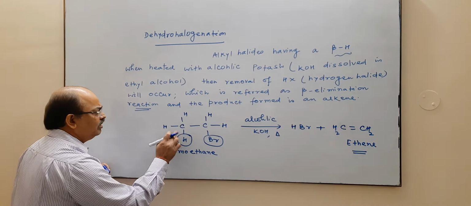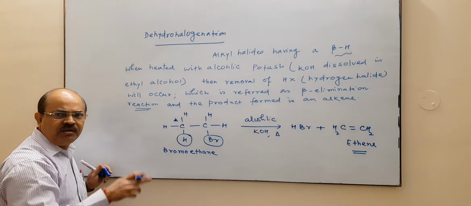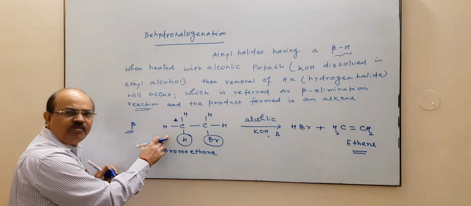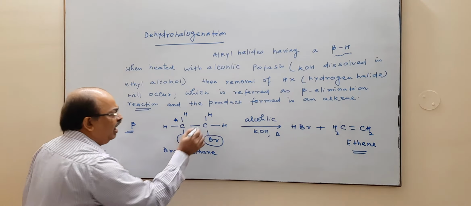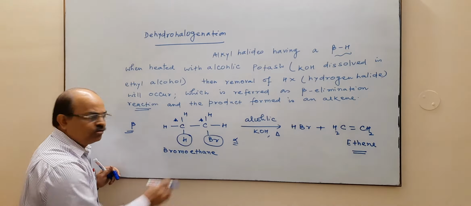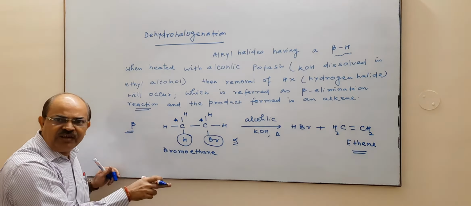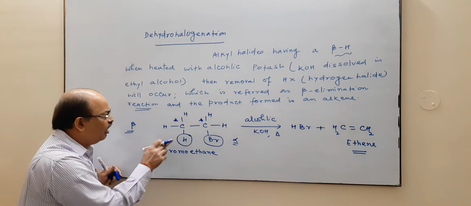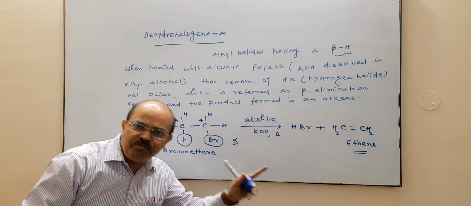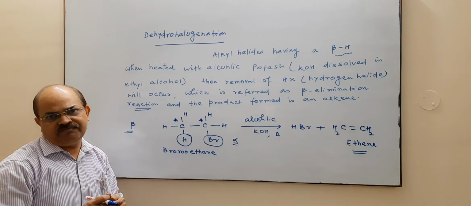Now this carbon, which is denoted by a streak mark, is the beta carbon. However, this carbon is the alpha carbon. So if bromine is on the alpha position, then this is the hydrogen present on the beta carbon. The hydrogen present on beta carbon is referred to as beta hydrogen.